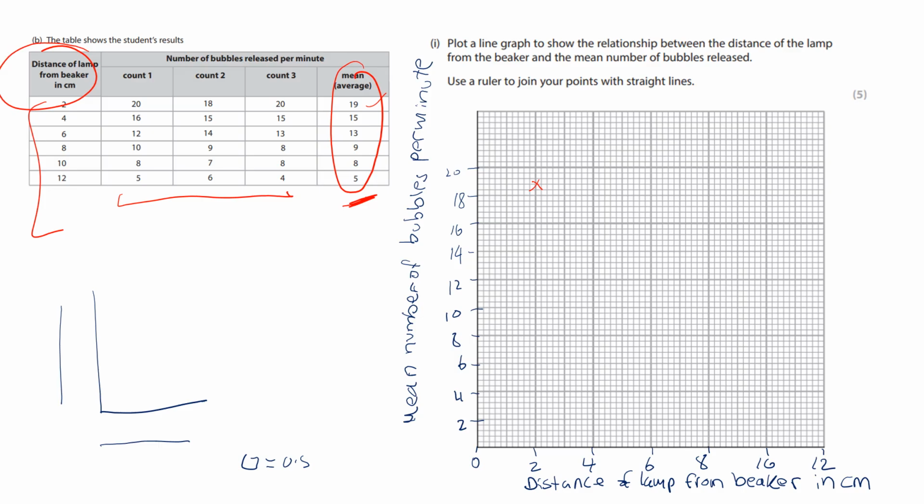And then 4 is 15. 4, 15, it's going to be halfway. Okay, boom. Next point. Okay, 6 is 13. So 6, 13. Boom. And 8 is 9.